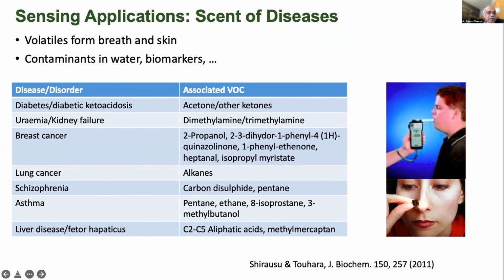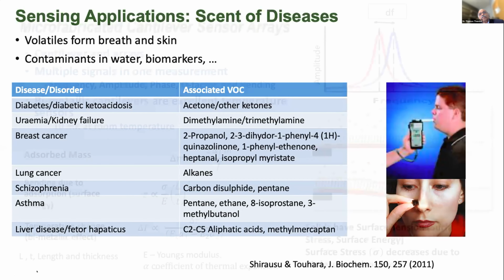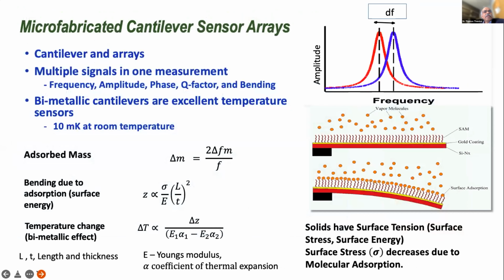There is a lot of literature in this area. So we basically develop microfabricated cantilevers, which look like a little diving board. And we immobilize some kind of a self-assembled monolayer or some kind of a physical or chemical interface that can interact with the specific analyte molecule.